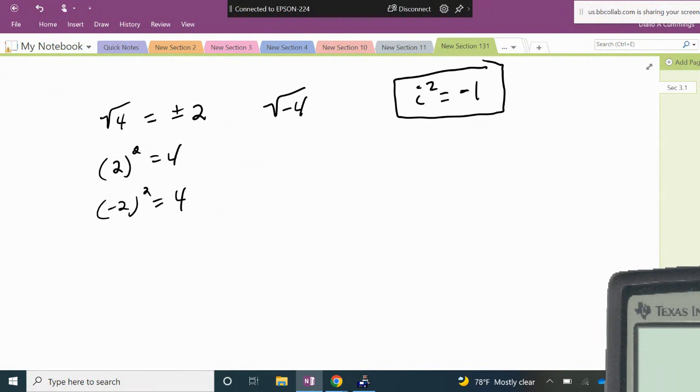So this is what this allows us to do. In order to simplify the square root of negative 4, I can write the square root of negative 4 as the square root of 4 times the square root of negative 1.